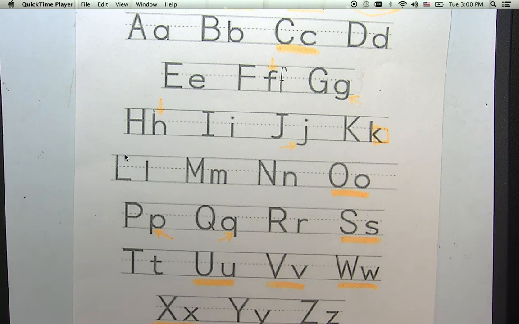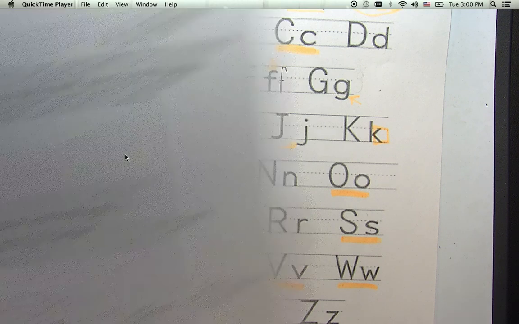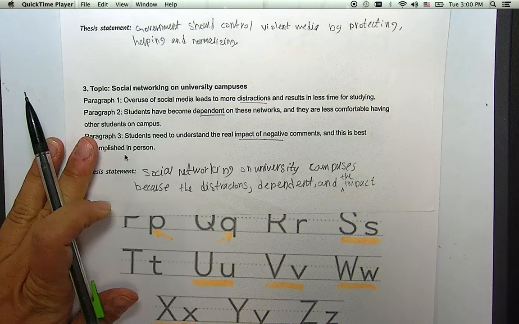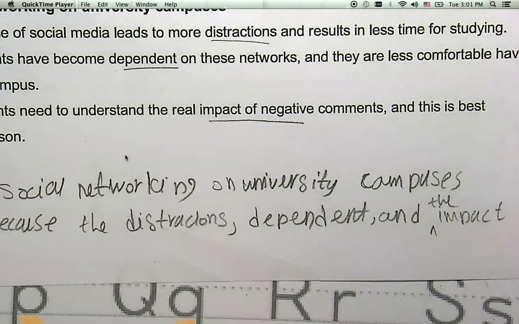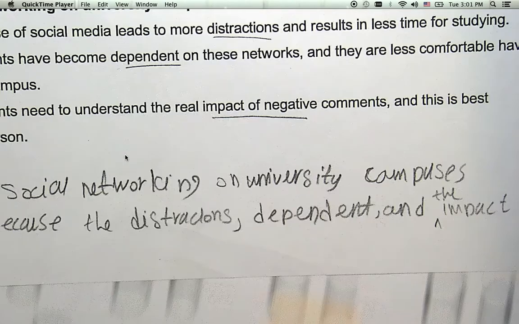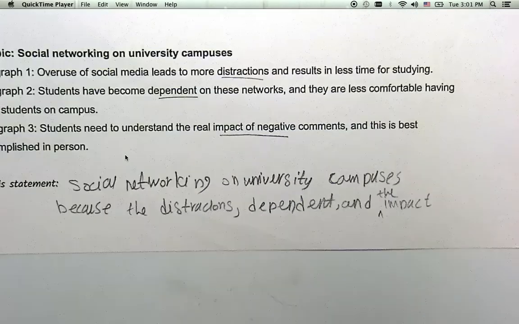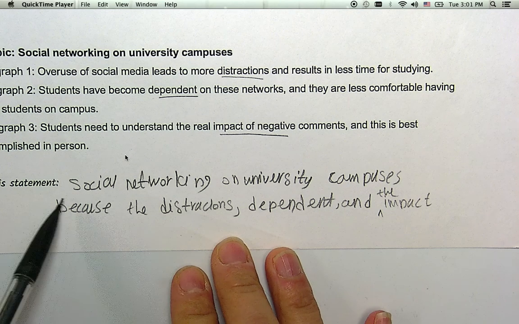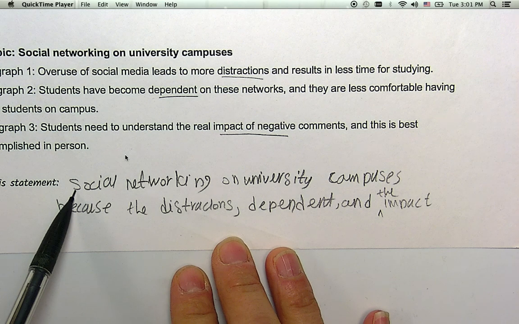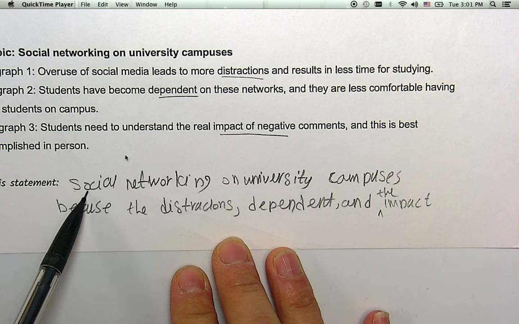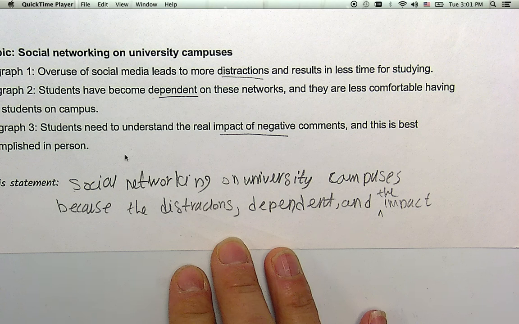Let's take a look at a few examples. If we look at this student example, we can see that this sentence begins with an S. However, this S is the same size or nearly the same size as this O. Therefore, it is incorrect.